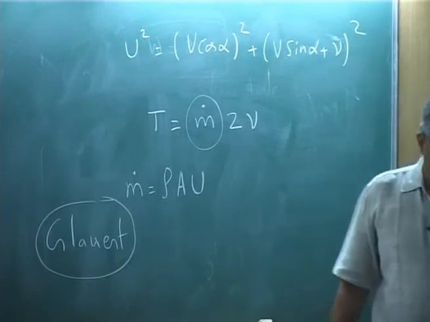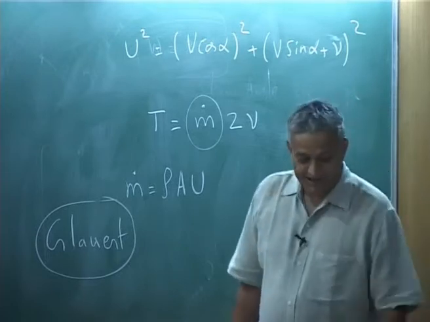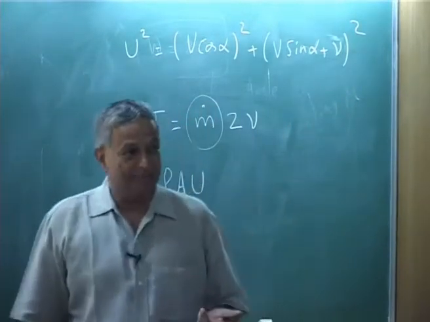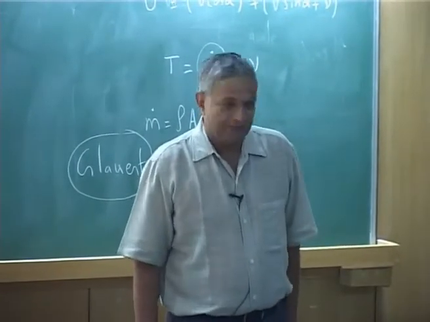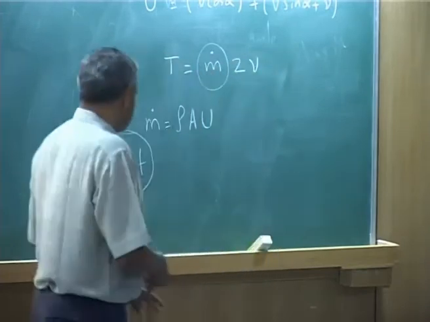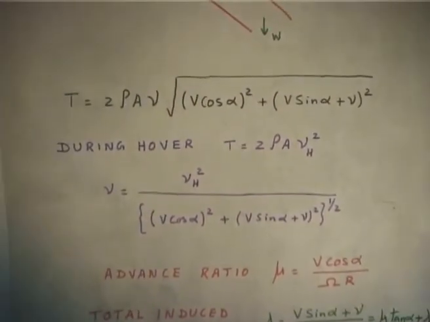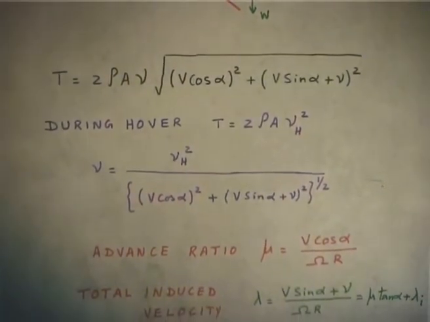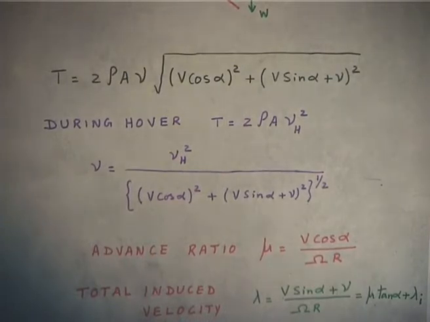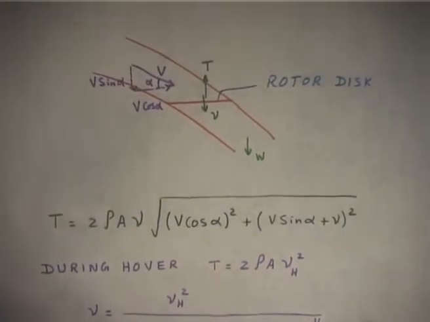Now you may ask why. The why, how, what comes from the limits of this expression, whatever I showed here, the limit of that expression when alpha is 0 and alpha is 90.